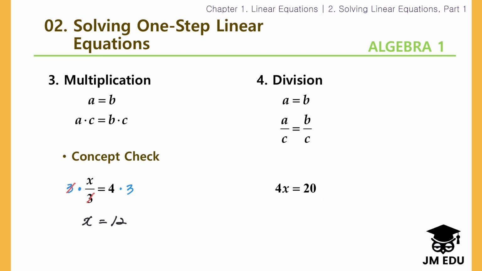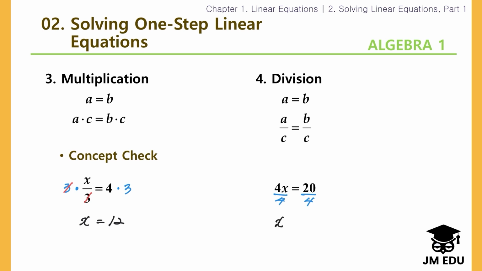We have 4x is equal to 20, right? So in order to eliminate 4, we can divide each side by 4. This gives us the solution x is equal to 20 divided by 4, that's 5, right?